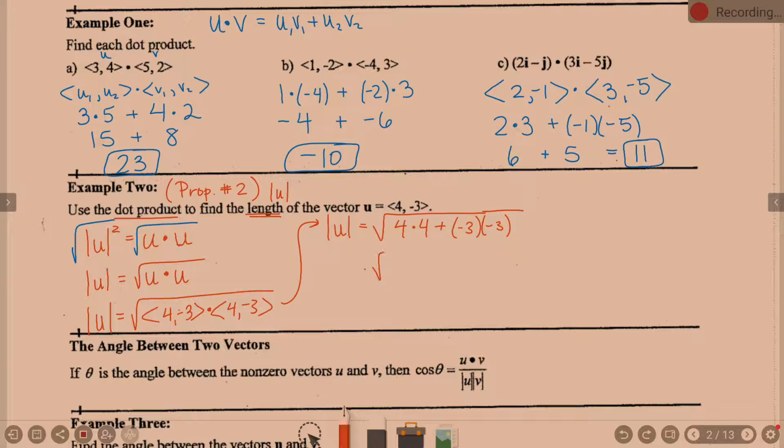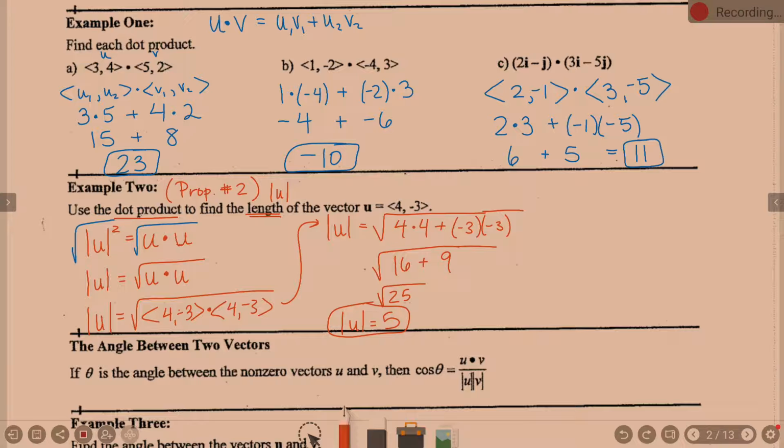Do the math. 4 times 4 is 16, plus negative 3 times negative 3 is 9. 16 plus 9 is 25, and the square root of 25 is 5. So we just found the absolute value of u to be 5, or in other words, the magnitude or length of the vector to be 5.